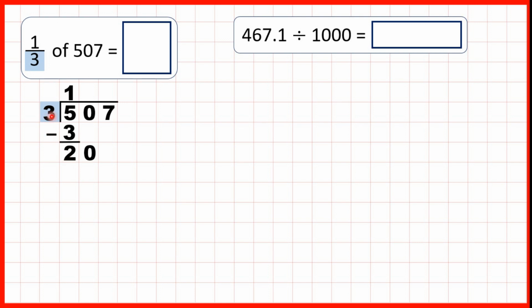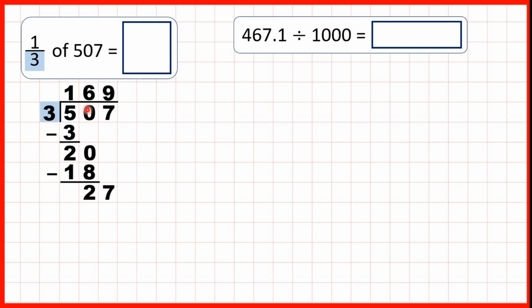Well, the closest multiple of 3, which is still less than 20, is 18. And because 18 is 6 times 3, we need 6 in our answer line. Again, we subtract: 20 minus 18 is 2, and we bring down our last digit. So we have 27 divided by 3.